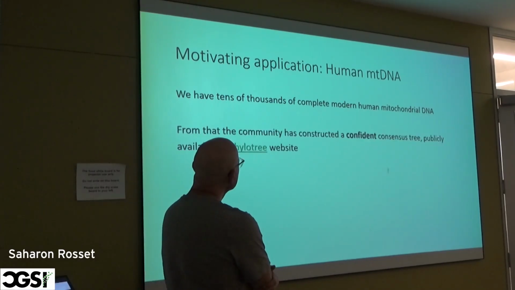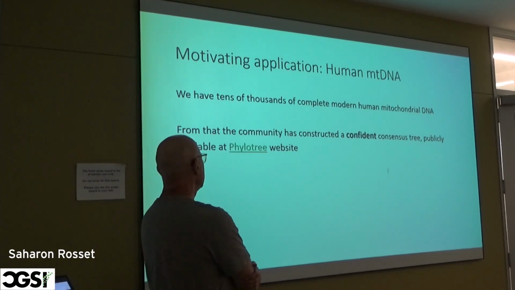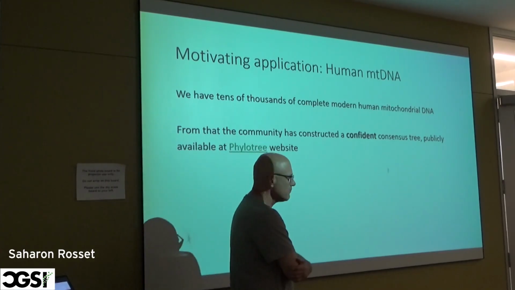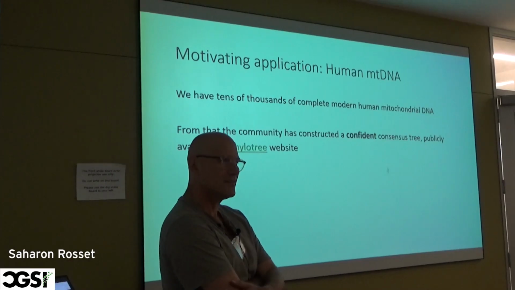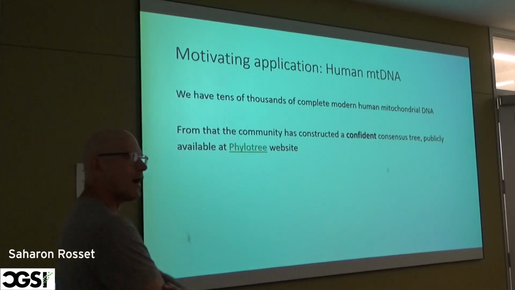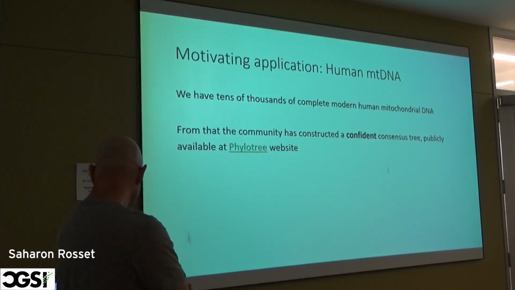And what the community has done over a long time is actually collected many human mitochondrial DNA, and basically we have a pretty high confidence and believable actual reconstruction of the phylogenetic tree of the human mitochondrial DNA.